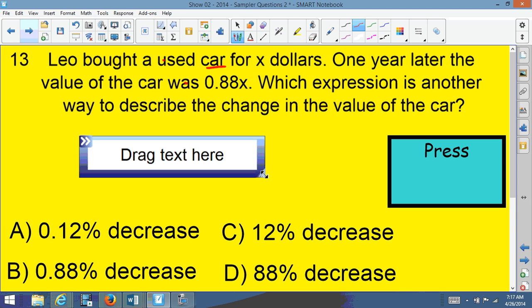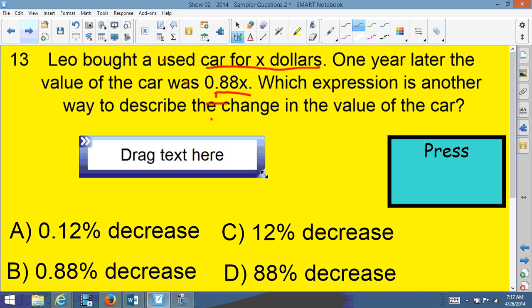So we got a car that was bought for x dollars, and 1 year later, it's only worth 0.88x.